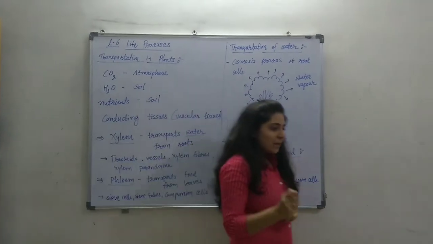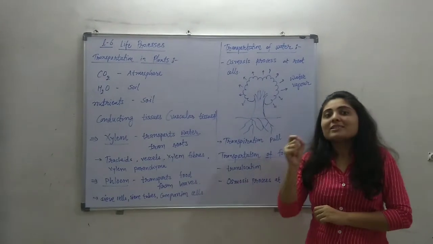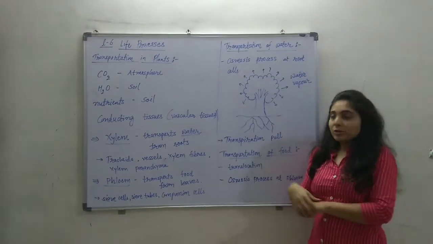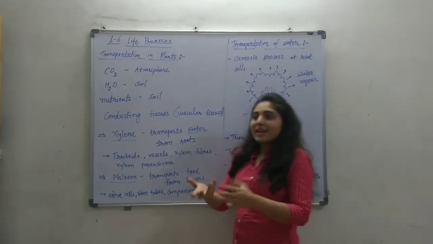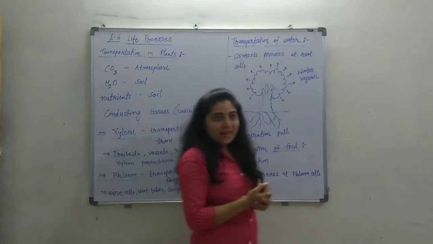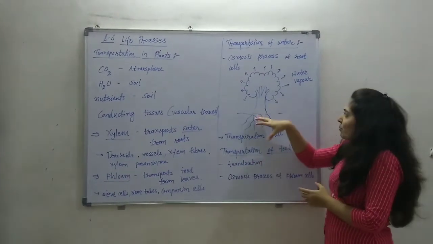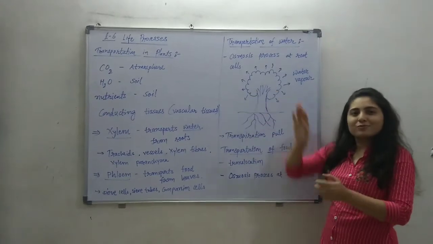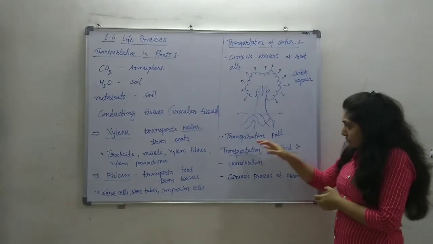So at the daytime, transpiration pull is the major driving force to take the water from the root. Right? And at the night time, as the evaporation is quite slow, this osmotic pressure, which we can say root pressure, is enough to take the water.